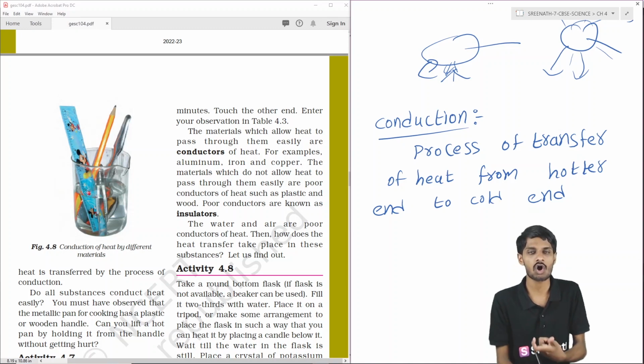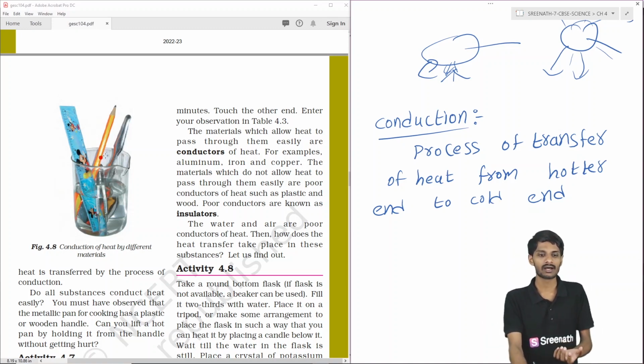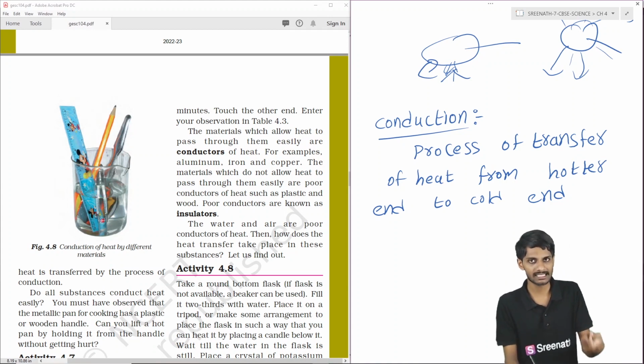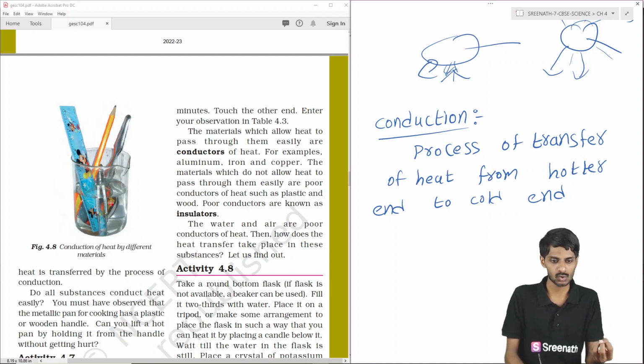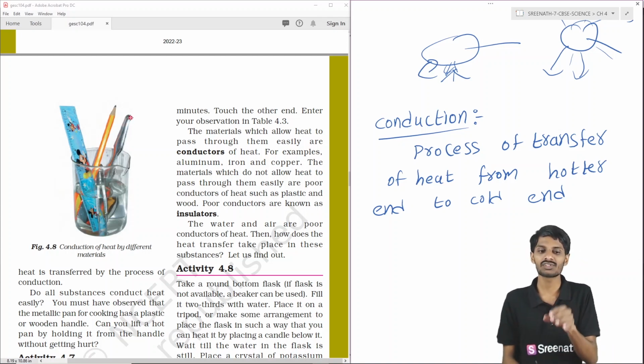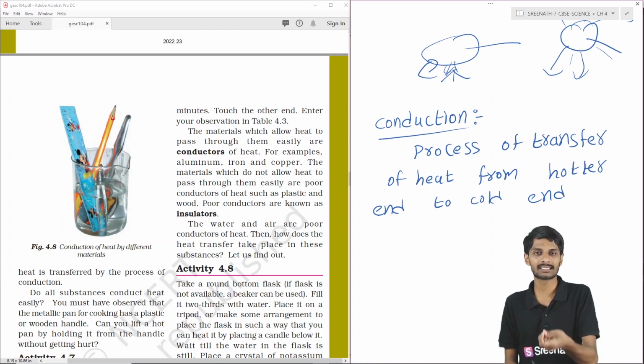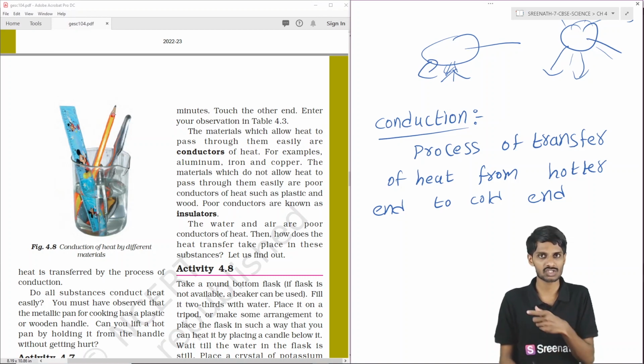There is hot water, so one end is hot. If you take this spoon, the heat is transferred throughout the spoon to the other end. That's why you feel hot. But with the pencil and plastic scale, heat is not transferred to the other end. That's why it does not feel hot.